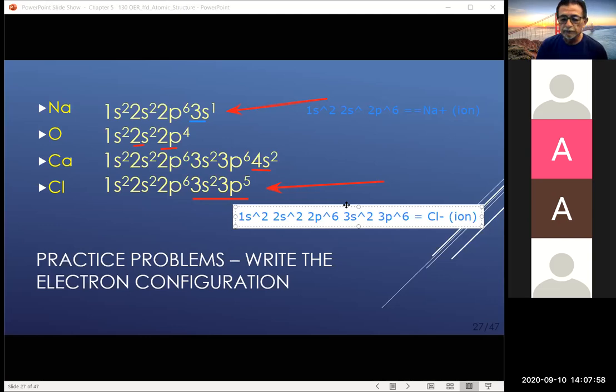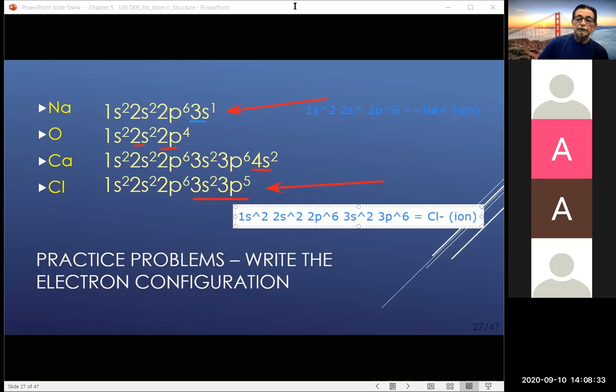If you look at sodium metal, by losing that electron, its new electron configuration is 1s2, 2s2, 2p6. Guess what? Who has that electron configuration? Neon. Okay. So all the metals, by losing electrons, have the electron configuration of the noble gas behind it. All the nonmetals, by gaining electrons, have the electron configuration of the noble gases in front of them.